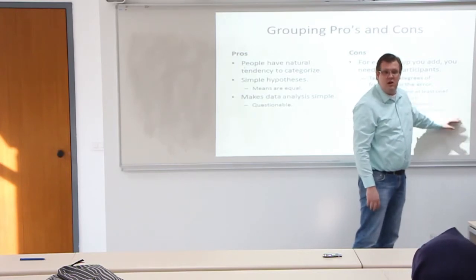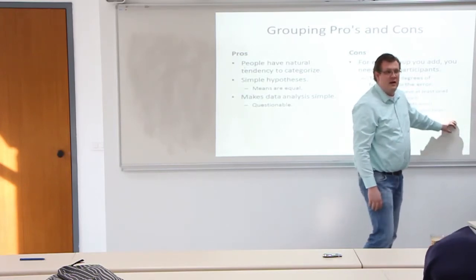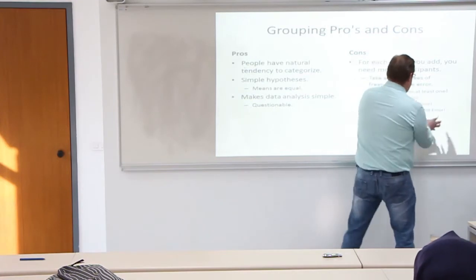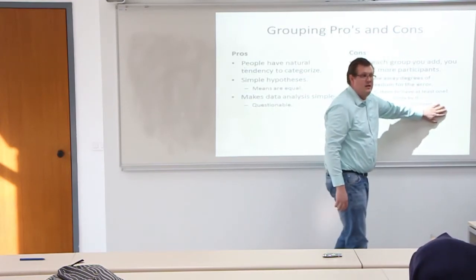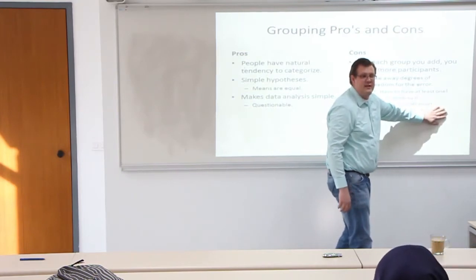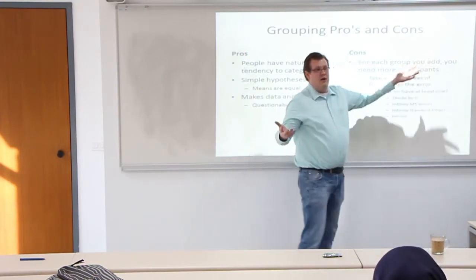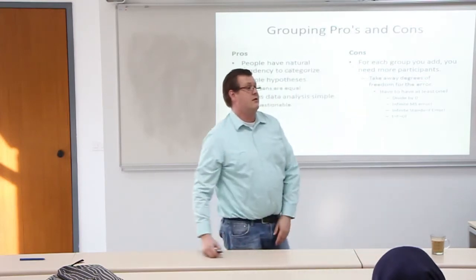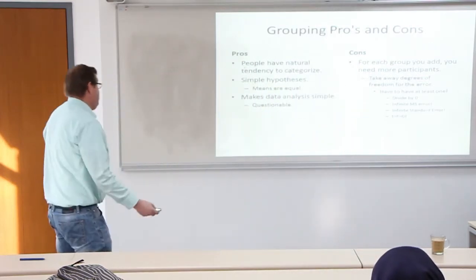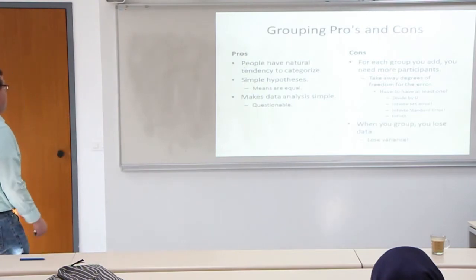If you had 0 degrees of freedom, now all of a sudden this is infinite, the denominator, right? And if the denominator is infinite, you never get a significant result. Ever.